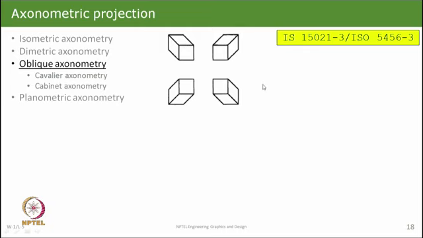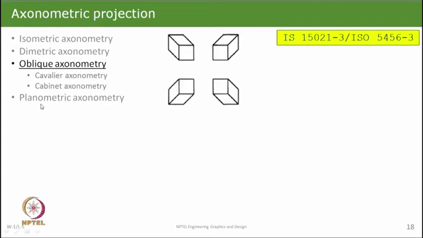So, that is oblique axonometry. We will be making some sketches like this, or when you look at it from the top, you can look at it from the bottom, all types of these are oblique axonometries. There are two subdivisions within that, we will not worry about it at this point.